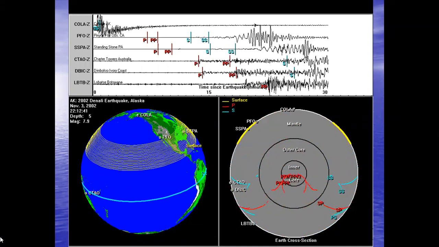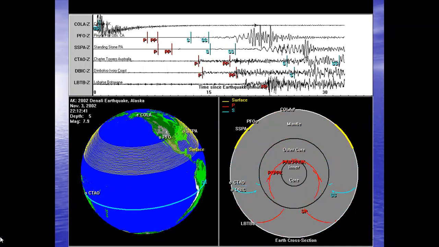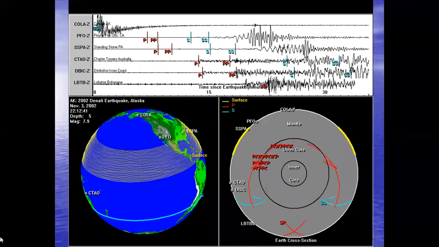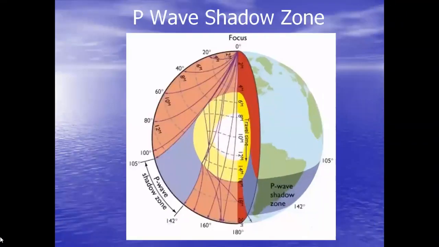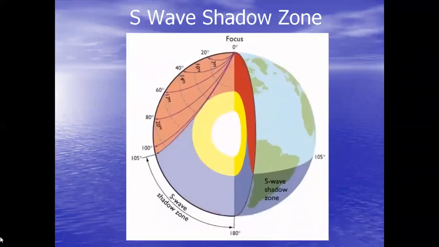Why? Because S waves cannot pass in liquids, as well as gases. Such a zone where the waves cannot pass is known as the S wave shadow zone.